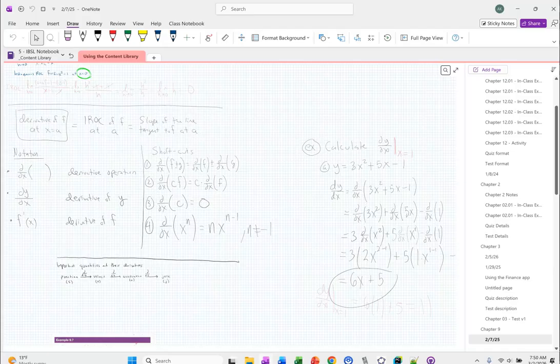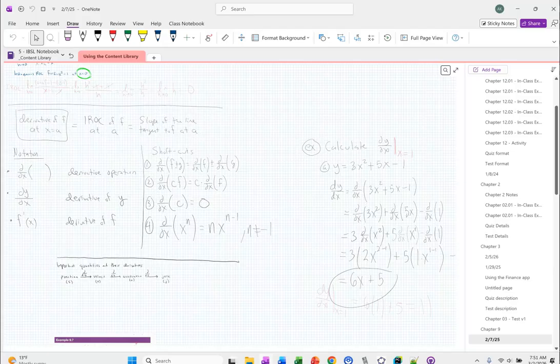The derivative operation distributes across addition and subtraction, you can pull a constant multiple out to the front, the derivative of a constant is 0, and the power rule says the derivative of a power function, x to the n, is n times x to the n minus 1. For the most part, with a little bit of algebra, that is all we need to evaluate derivatives, at least as far as the IB is interested in this course.